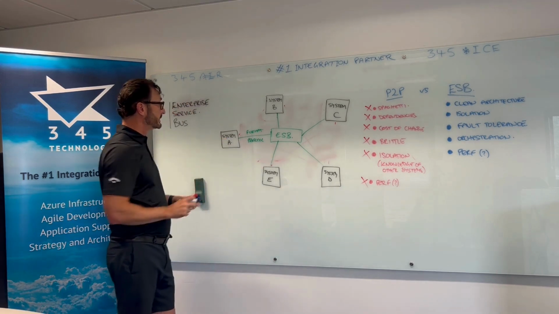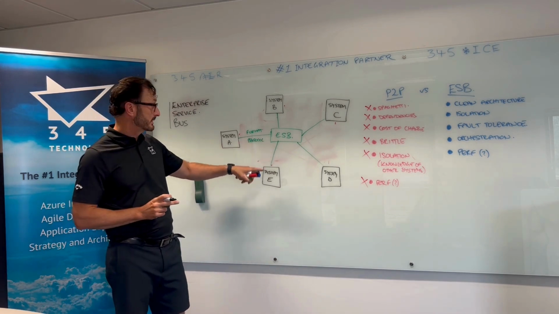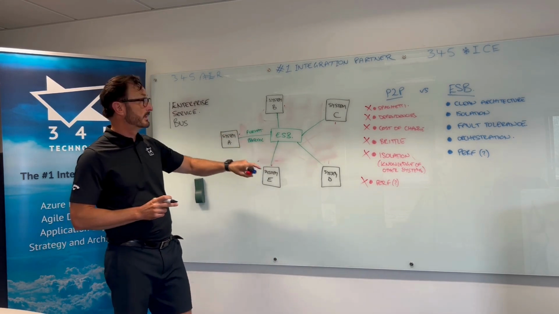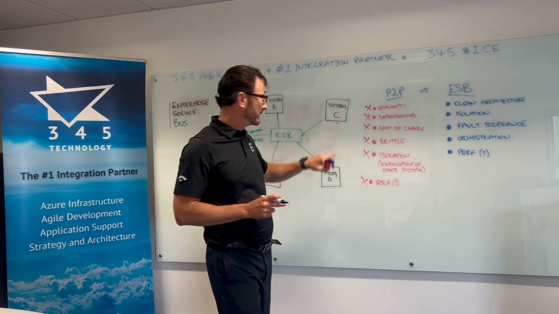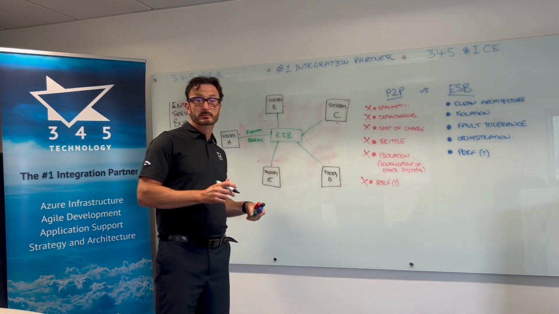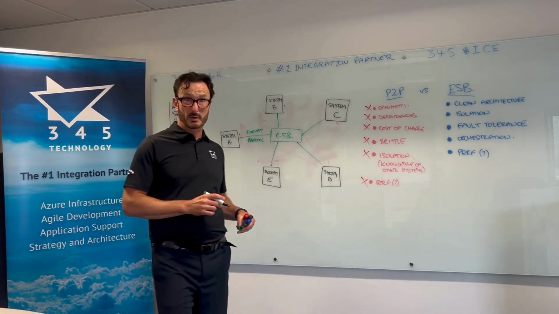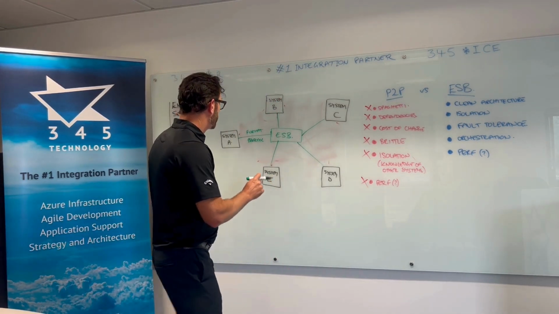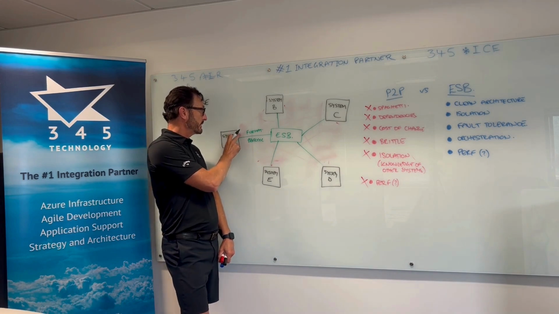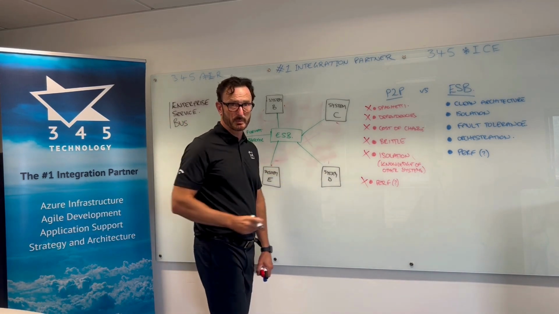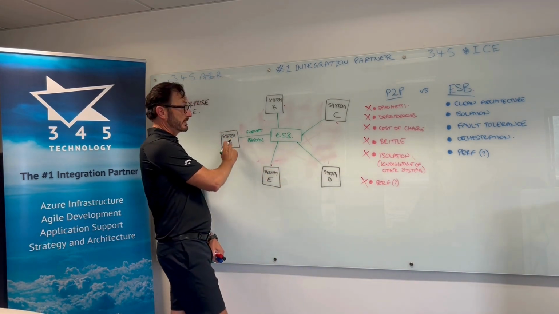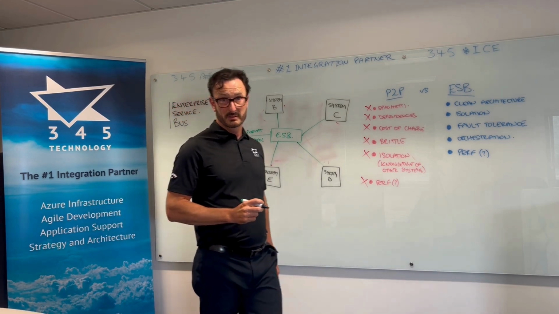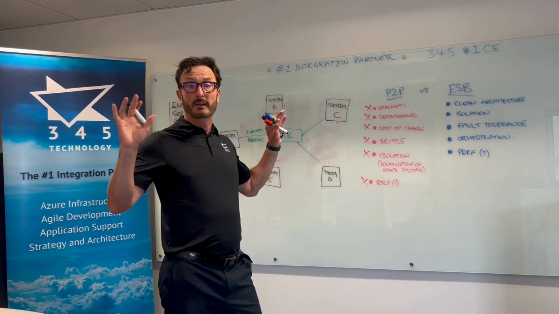So system A might communicate with REST, system B might be SOAP, system C might have flat files, system D might have some other hokey old mainframe TCP/IP. But if that's the case, then system A over here doesn't need to know about TCP/IP.